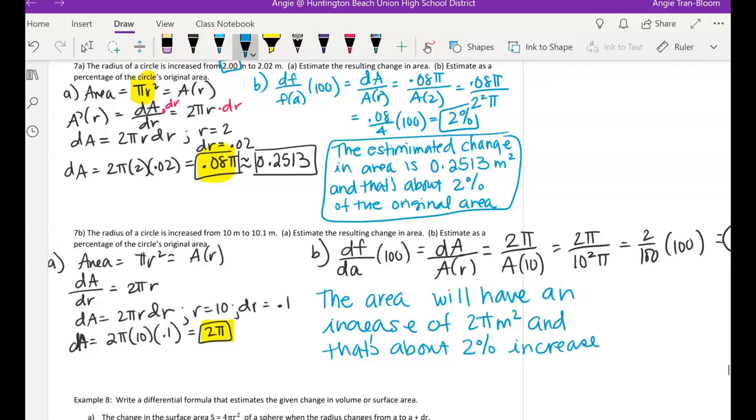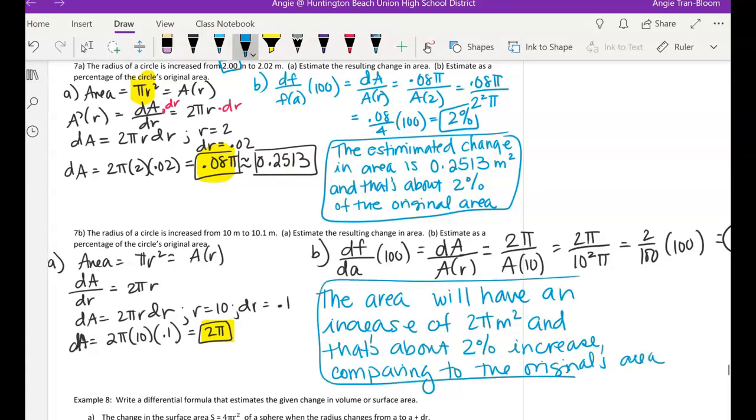So that's about a 2% increase compared to the original area. Okay, original circle area.